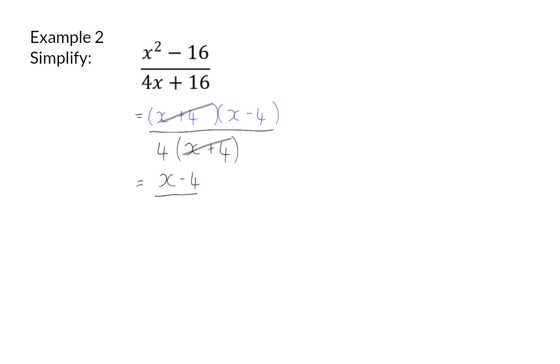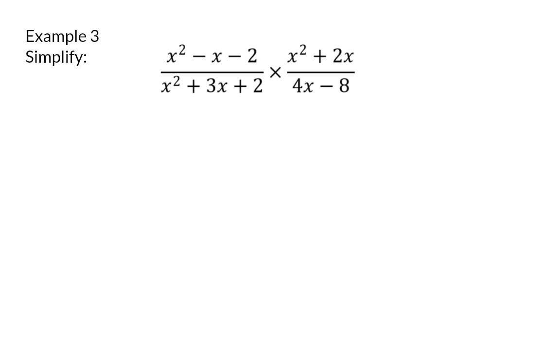And in the denominator we have 4. This is our final answer. It is important to know that you can never simplify by dividing only part of a bracket. So in this case, we couldn't say 4 divided by 4 is 1, and that is why our final answer is x minus 4 over 4.